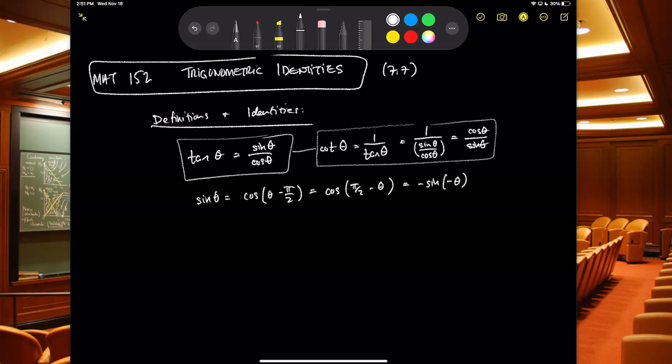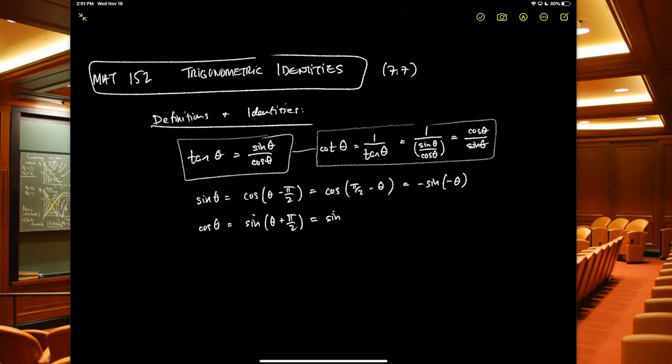Now, I'm going to prove that last bit there, but let's write it down first while we're here. So cos theta, another way to write this is just sine shifted over by pi over 2, which is equal to sine of pi over 2 minus theta, which is equal to cosine of negative theta.